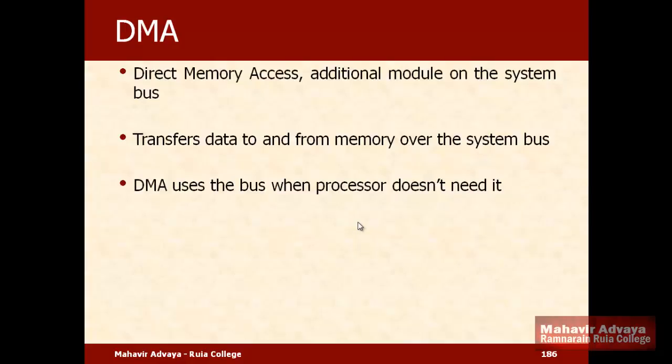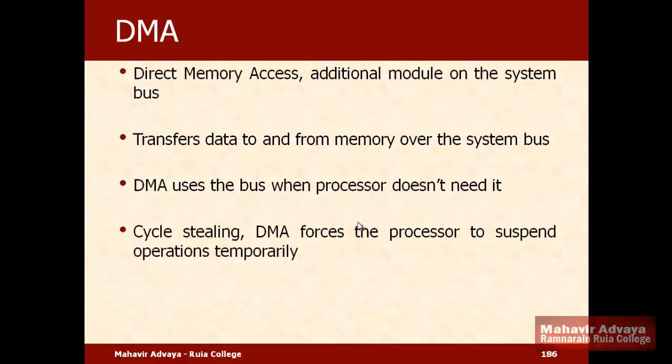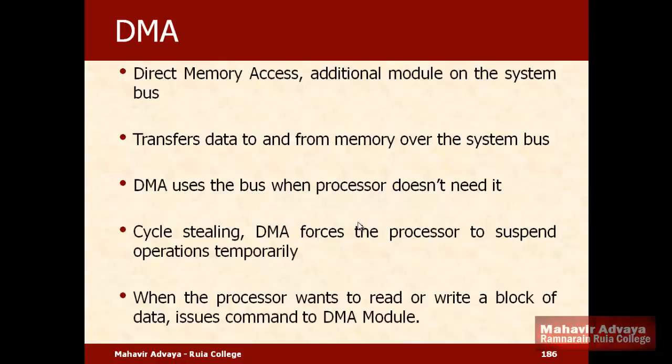DMA uses the bus when the processor doesn't need it. DMA takes the bus, or steals the bus from the processor, whenever it is not needed and uses it for the data transfer. So it's also called cycle stealing. DMA forces the processor to suspend its operations temporarily so that it can complete its data transfer.